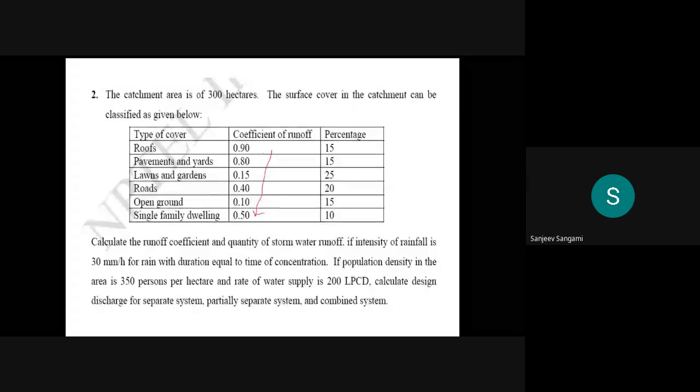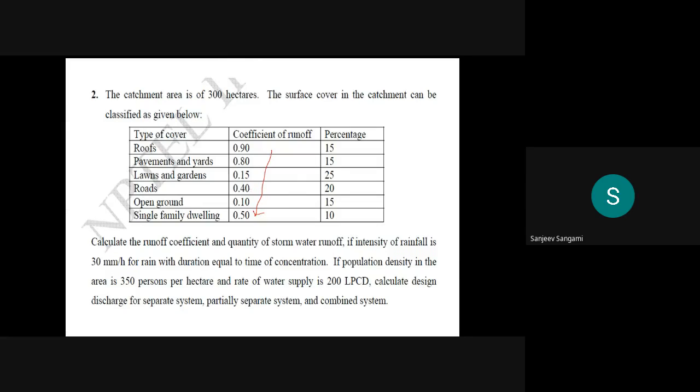For roofs it is 0.9, meaning there is very little infiltration; roofs are almost leak proof, and whatever water comes will run out. For pavements and yards it is 0.8, meaning slightly more infiltration. Then for lawns and gardens, infiltration will be more, because more vegetation will be there.